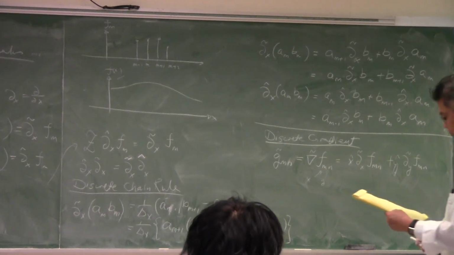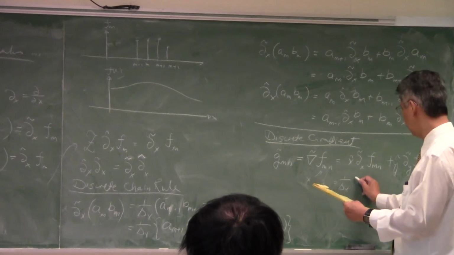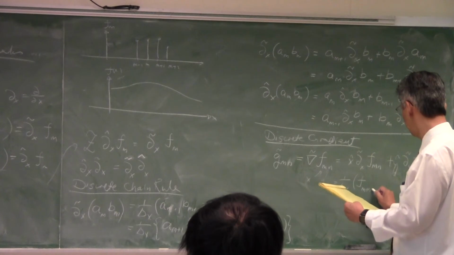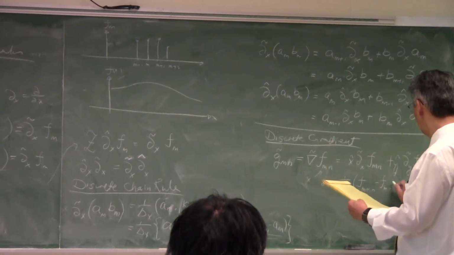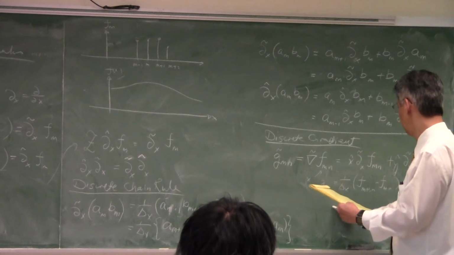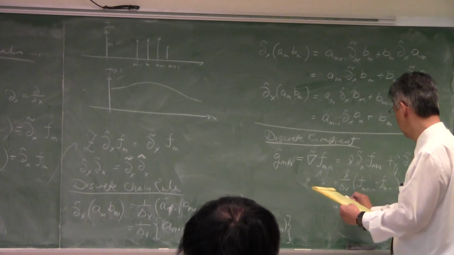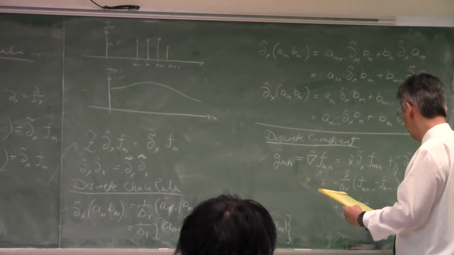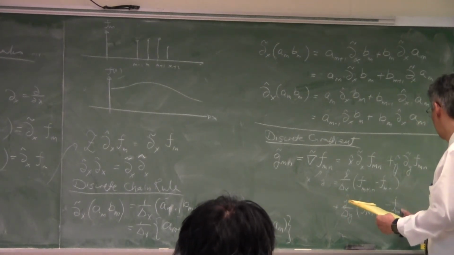And if I were to write this out explicitly, it would look like this: x hat over delta x times (f_{m+1,n} minus f_{m,n}), plus y hat over delta y times (f_{m,n+1} minus f_{m,n}).